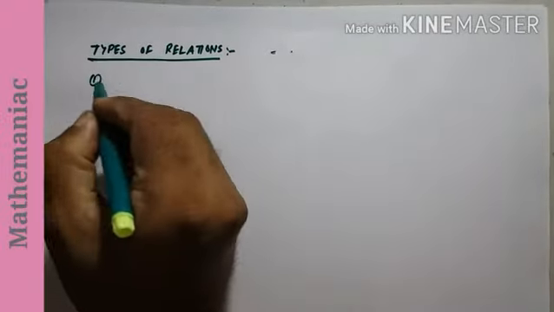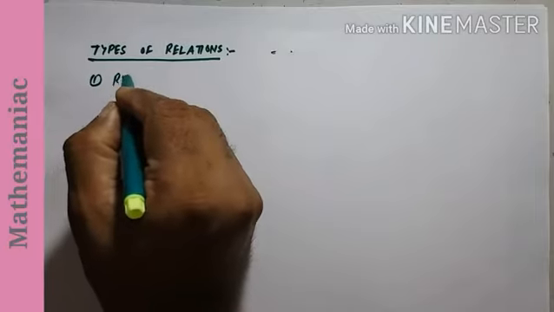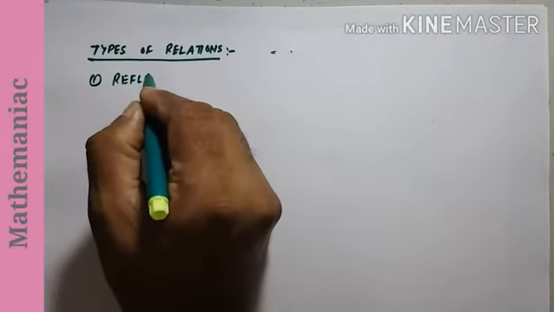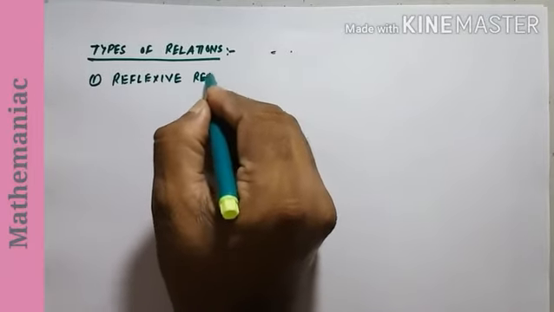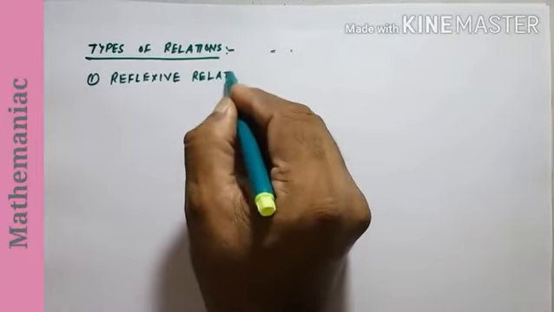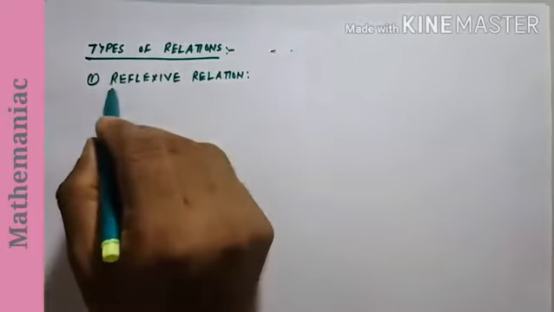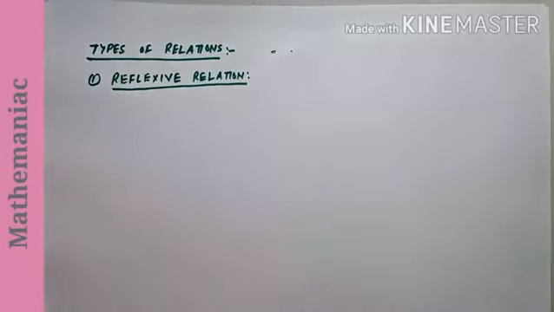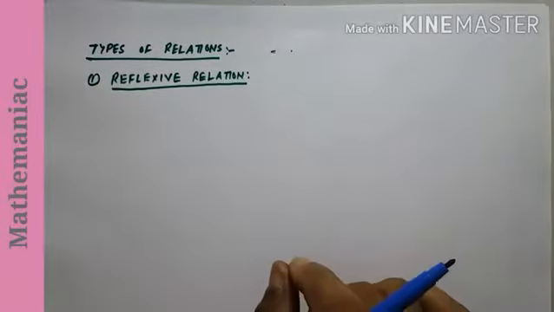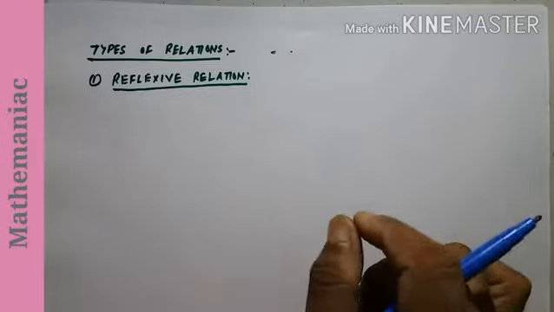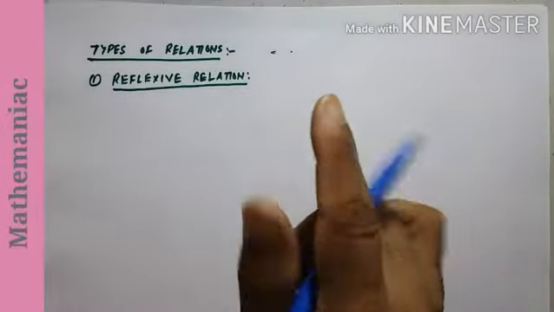Number one, it is reflexive. Reflexive relation. What is a reflexive relation? Let us first explore the definition, then we will take examples, and then gradually we will try to understand what exactly these mean to us, right? So we'll write, remember here in the relation we have domain as well as codomain, both the same set, right?